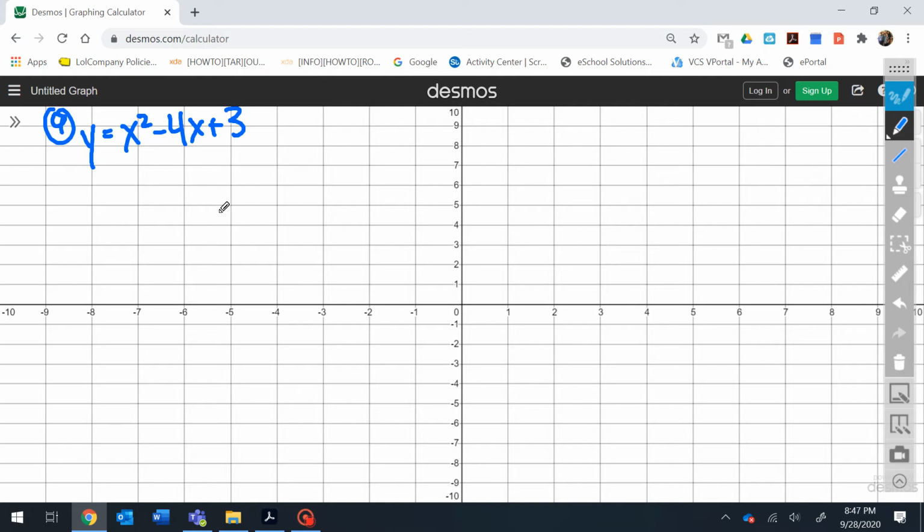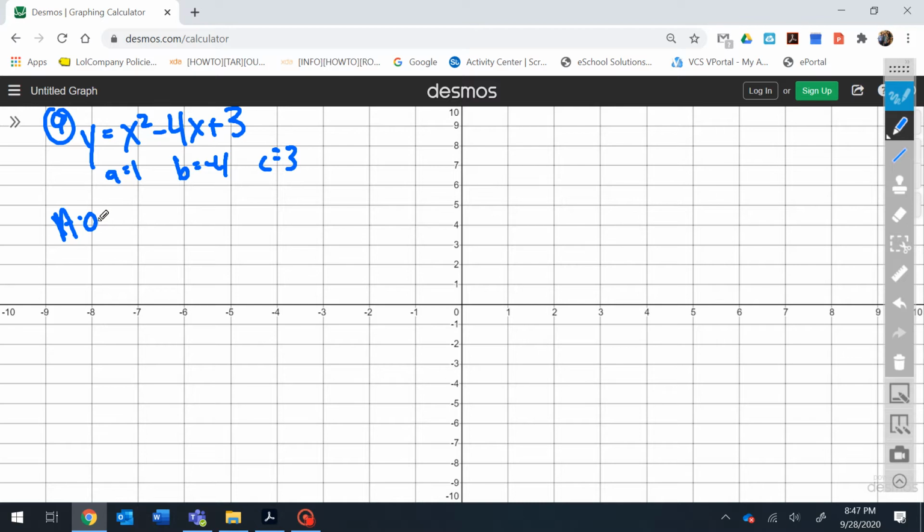Alright, so we need to make a graph of this, and then we're looking for the solutions. So the solutions are the x-intercepts. So we're going to draw the graph of this, and then figure out where exactly it crosses the x-axis. A is 1, B is negative 4, C is 3.